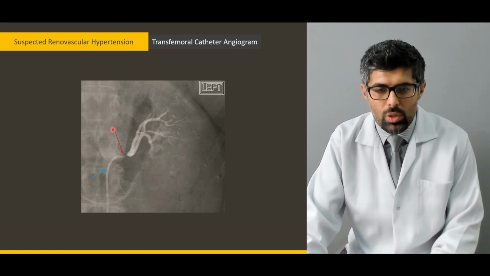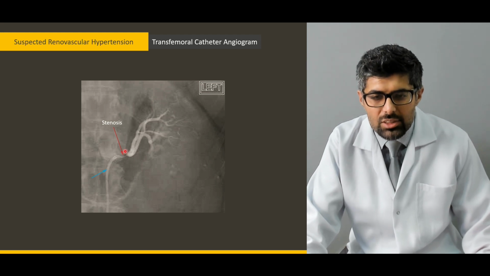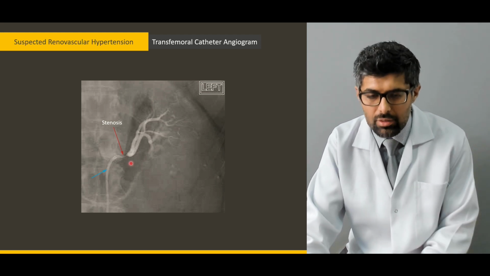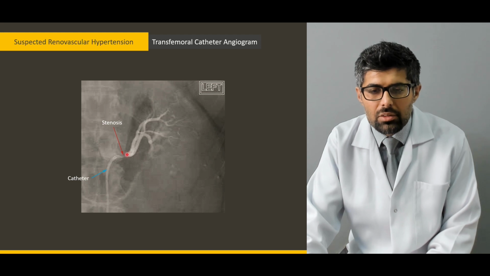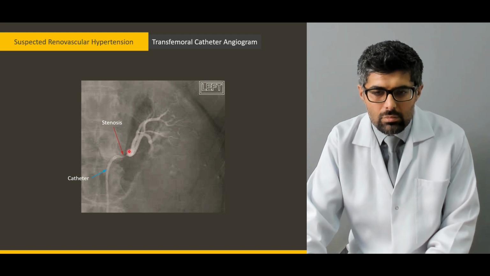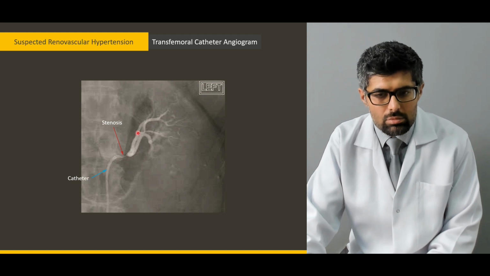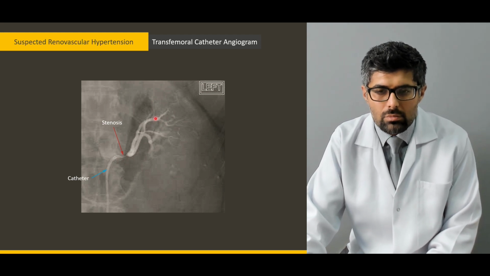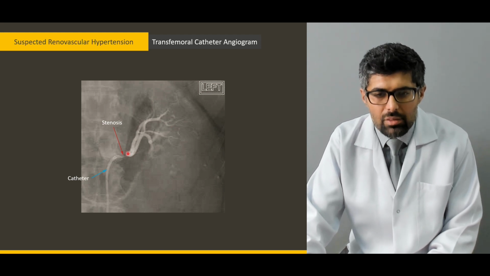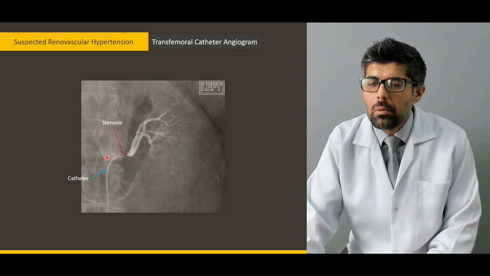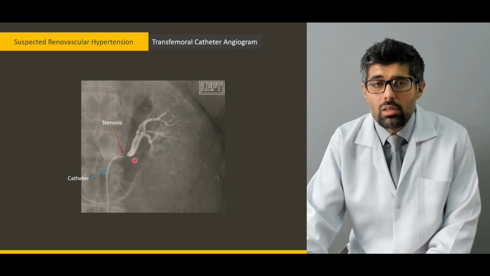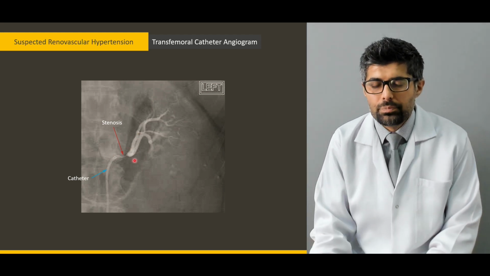In this, we can easily appreciate that there is some kind of stenosis here, even with the catheter inserted. So the contrast medium has moved into the kidney via the femoral artery, but not through the renal artery.